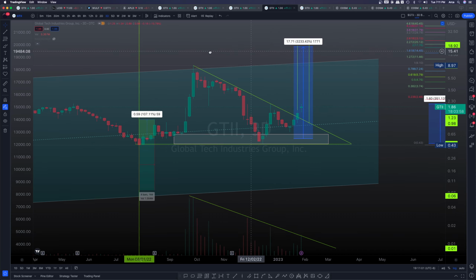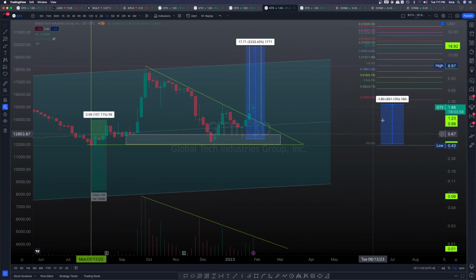The take profit, per the particular trading rules here, Investopedia, wherever you can find how to trade a descending triangle, there are several ways to look at the price objective.